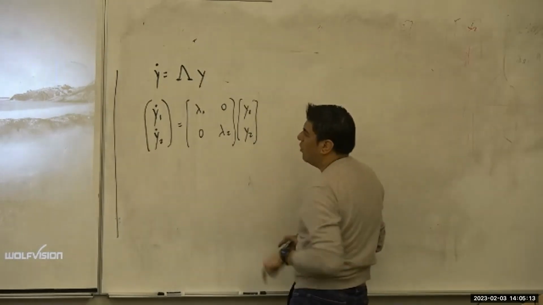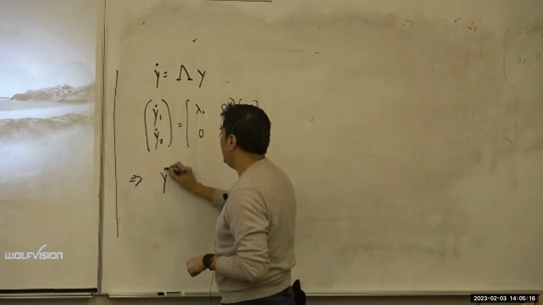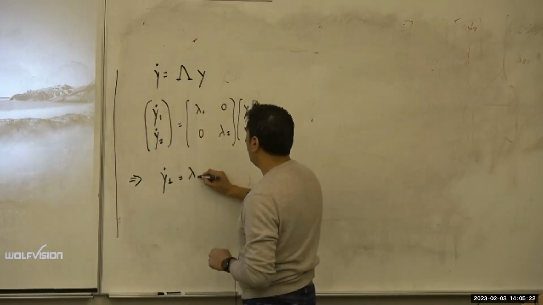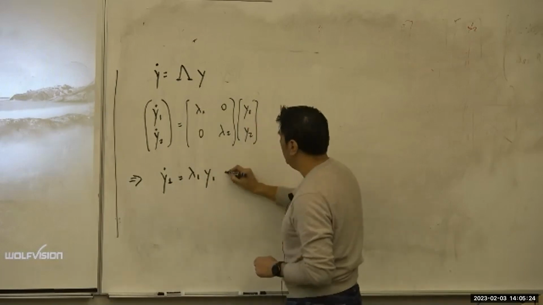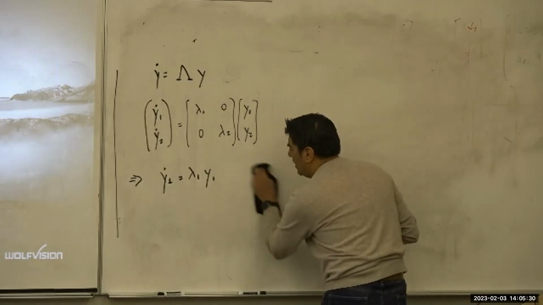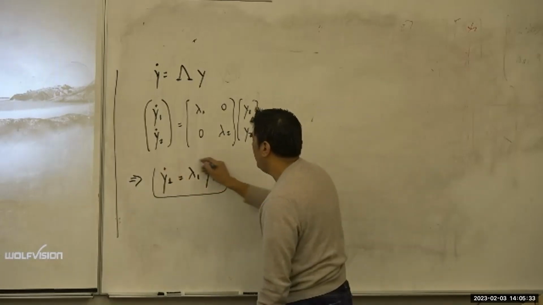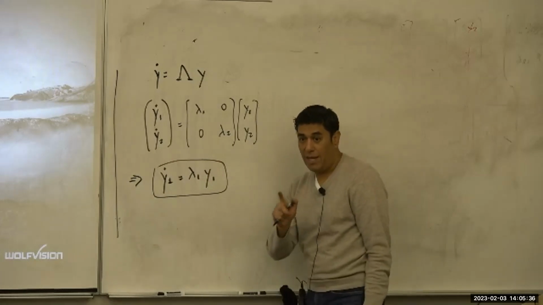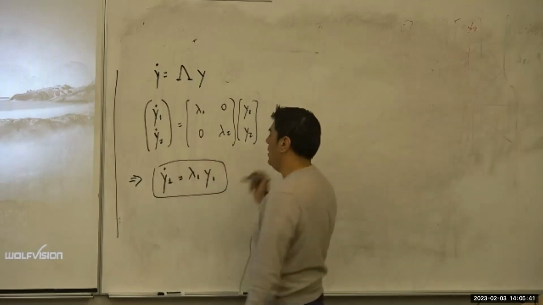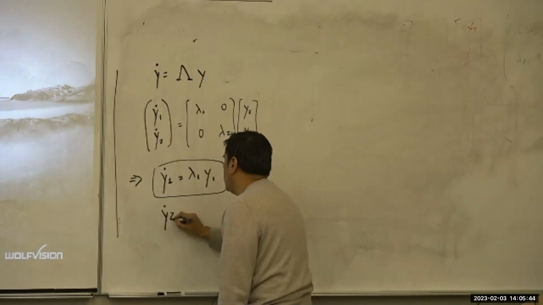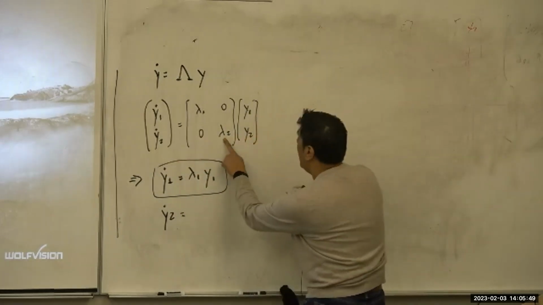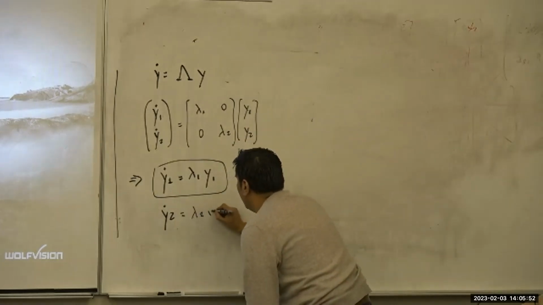If we take the first equation, y1 dot is equal to lambda 1 multiplied by y1 plus 0 multiplied by y2. So basically, we can eliminate a term, and we observe now that the state variable y1 depends on y1 itself, nothing else. It doesn't depend on the other variable. The same thing for the second equation: y2 dot is equal to 0 multiplied by y1, plus lambda 2 multiplied by y2.